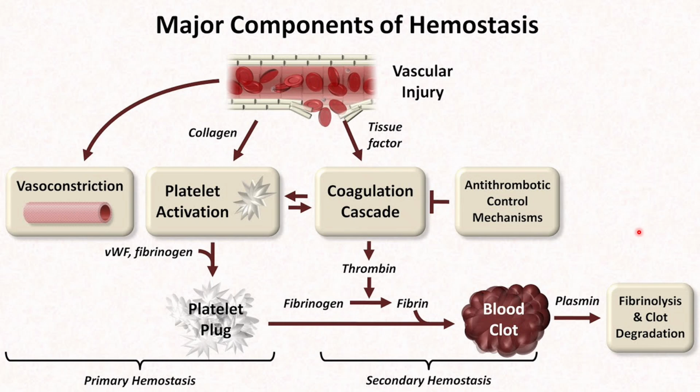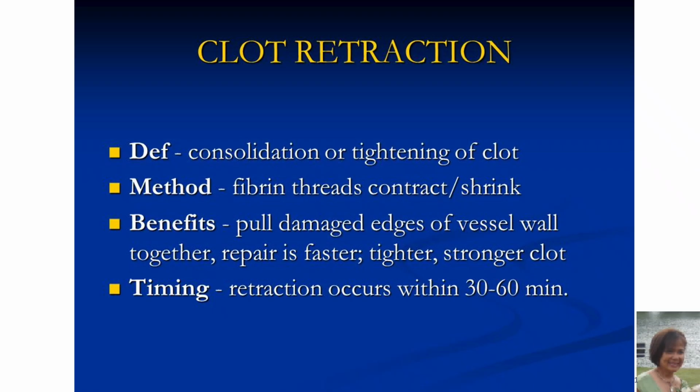So you have an antithrombic control mechanism that would prevent thrombin from continuously being produced and continuously forming clot. You cannot allow clot to overwhelm a particular reaction. This is a positive feedback, but once you have already the clot, it must stop. There should be fibrinolysis and clot degradation afterwards in order for tissue repair to start.